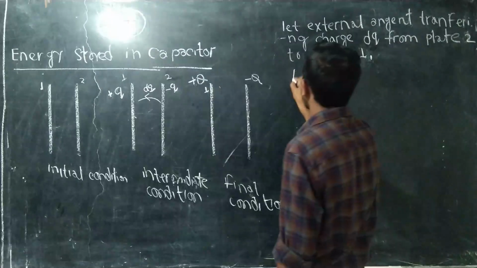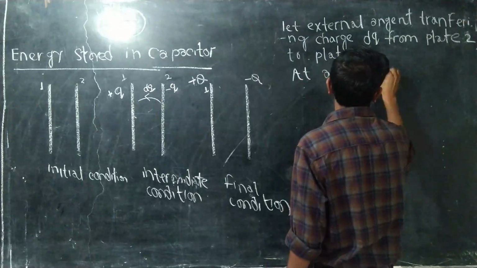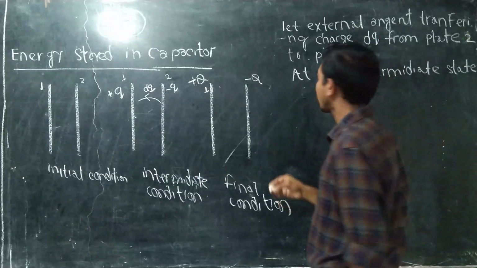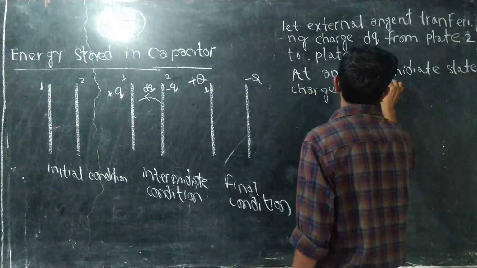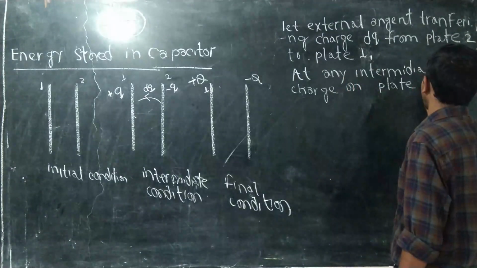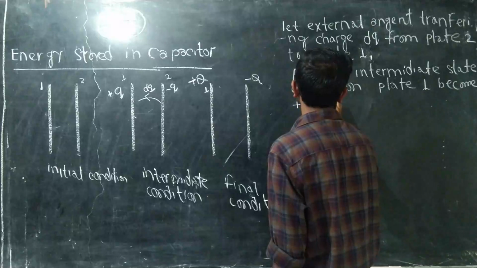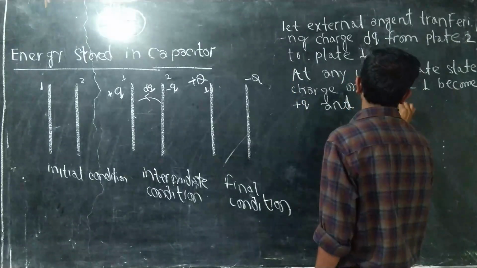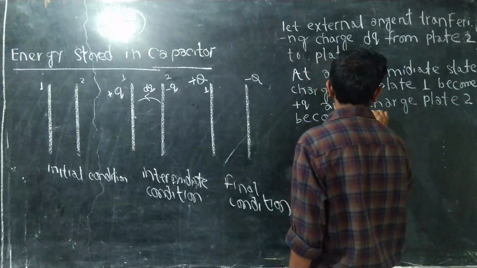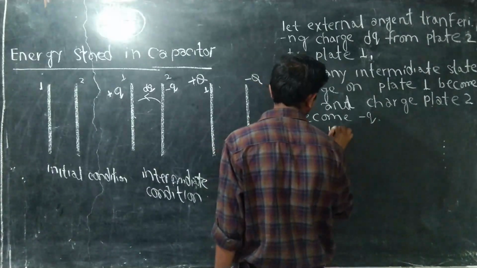At any intermediate state, the charge on plate 1 becomes plus q, and the charge on plate 2 becomes minus q.